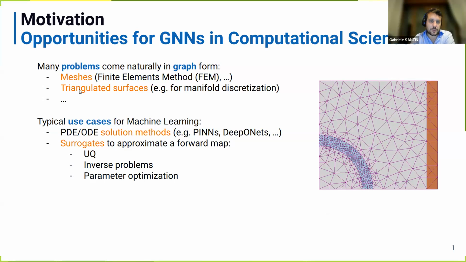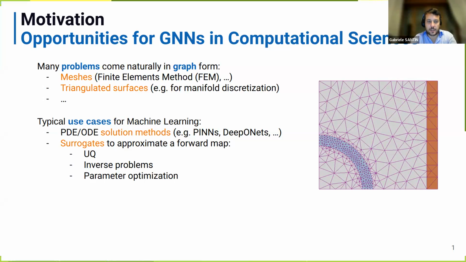And also there are cases of modeling of surfaces or manifolds, where again, if you have a dynamical system defined on a manifold, what is often done is to first discretize the manifold, and by that you obtain a geometric triangulated surface, and that again is a graph. Okay, and that means that a lot of data and datasets in computational sciences are naturally defined over a graph. So this is really the natural data structure where some kinds of problems are defined.